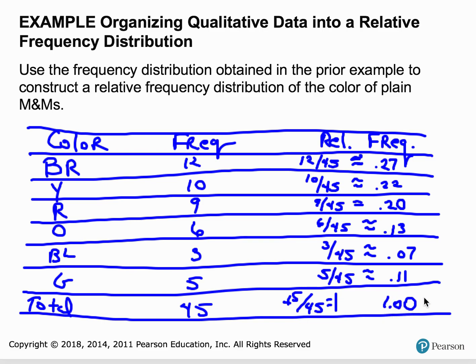Okay, well, that's a fluke that those came out to 1 because of rounding, right? You may not get exactly 1, but you better be really close. But when you're adding the fractional values, it will equal 1. So that's also a good check for us, just like having this total here.